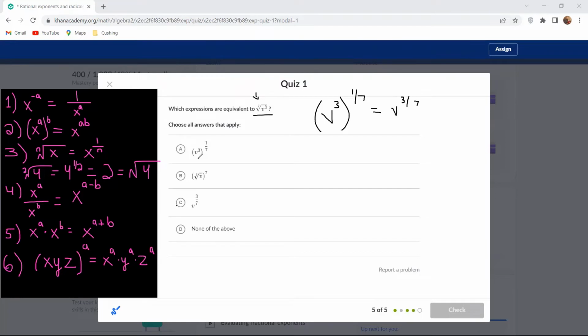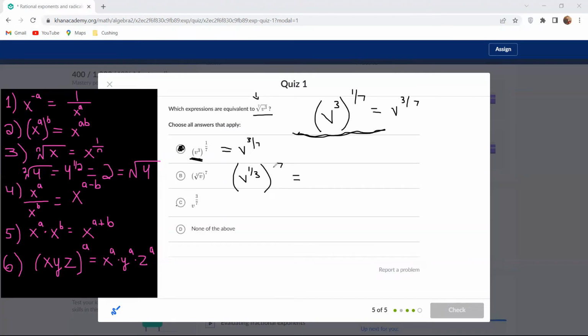So for A, same concept here. You can see that the setup is the same thing I had here. V to the 3rd raised to the 1/7 power. So this will be v to the 3/7. So that will match. So A is correct, should be. Right here, we have the cube root of v raised to the 7th power. So the cube root of v is v to the 1/3. And that is being raised to the 7th power.